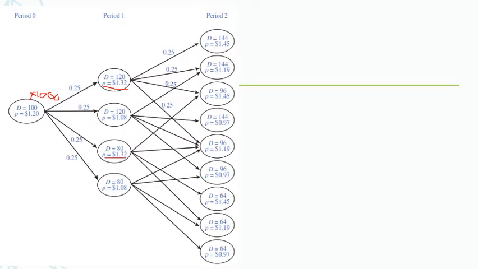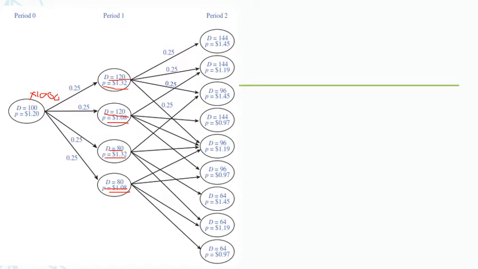Or it can be a reduction, 10% reduced here. Similarly, the demand may also go up by 20%: 100 will become 120, that is two possibilities, and it may come down by 20%, that is, D may become 80. So these are the four possible conditions.